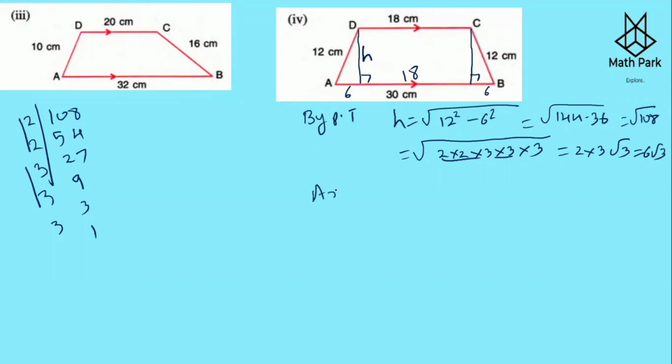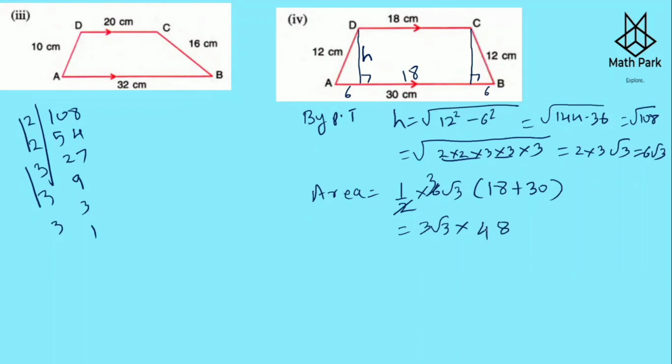And then we can find the area of this trapezium. So area is half h, that is half 6 root 3 in bracket sum of parallel sides, that is 18 plus 30. So 2 ones are, 2 threes are. This is 3 root 3 into 48.